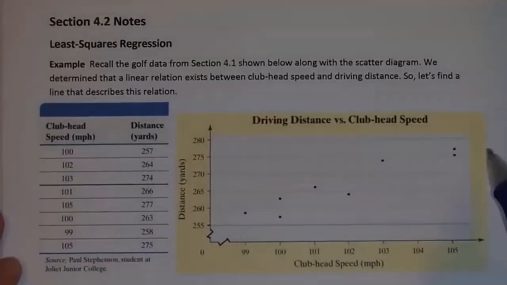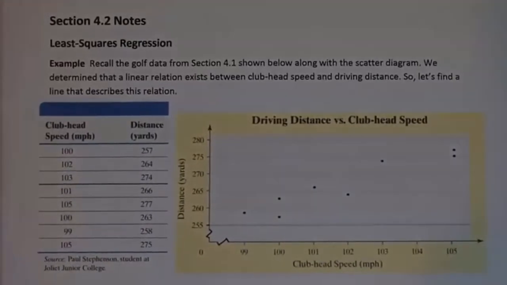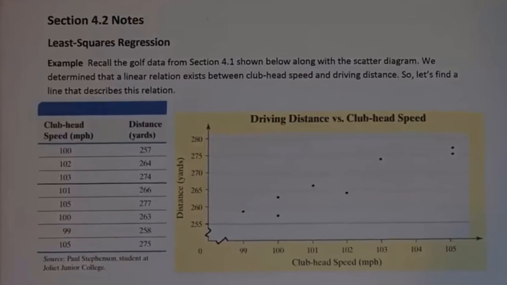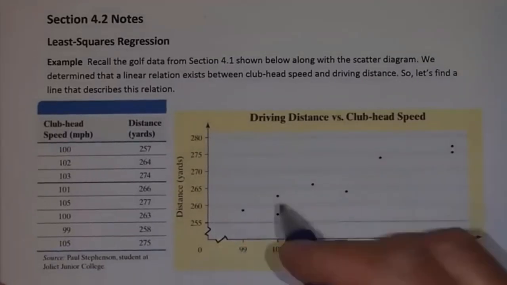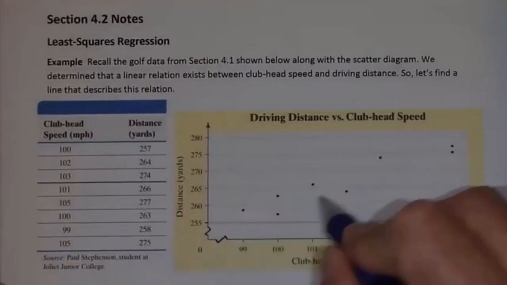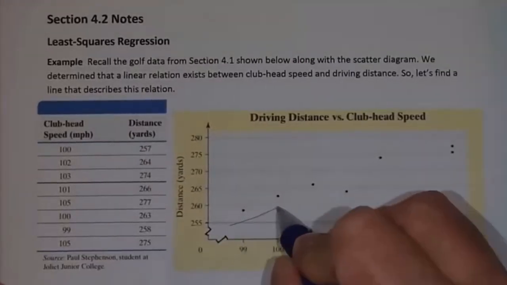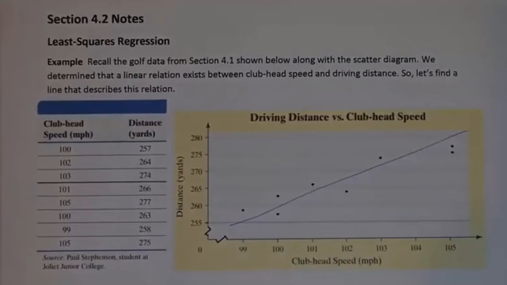So again, if we have a linear relationship, we want to find a line that describes what that relationship actually is. So how do we go about doing that? Well, one way that we could go about finding that line is we could just kind of eyeball it. So I could just look at this data and see roughly how the linear trend is, and I could just draw a line through it.